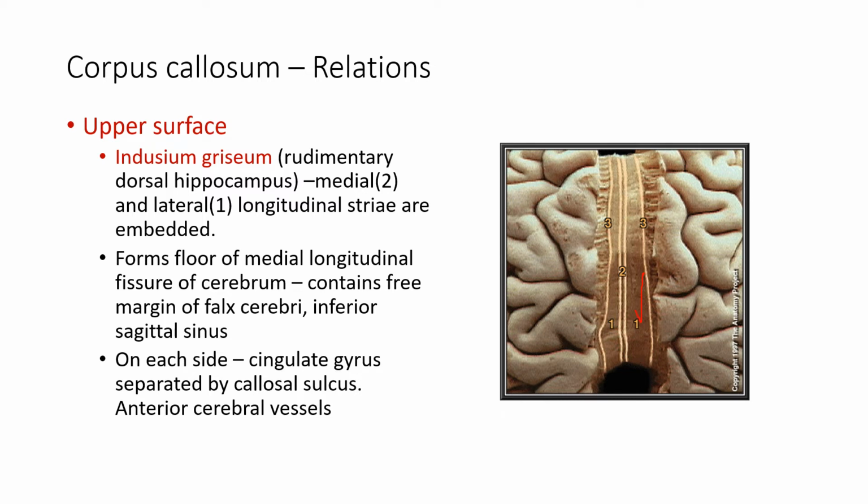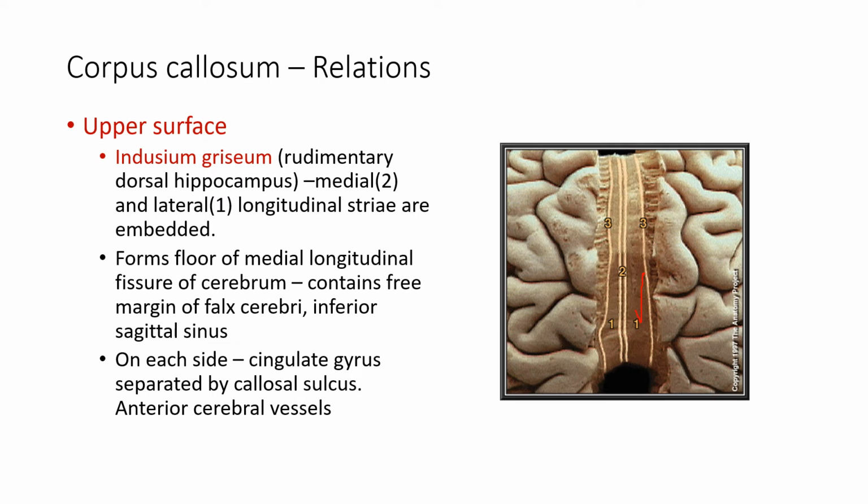And we are seeing the lines: the two medial longitudinal striae and the two lateral longitudinal striae. So this is what you will see on the upper surface of the corpus callosum.